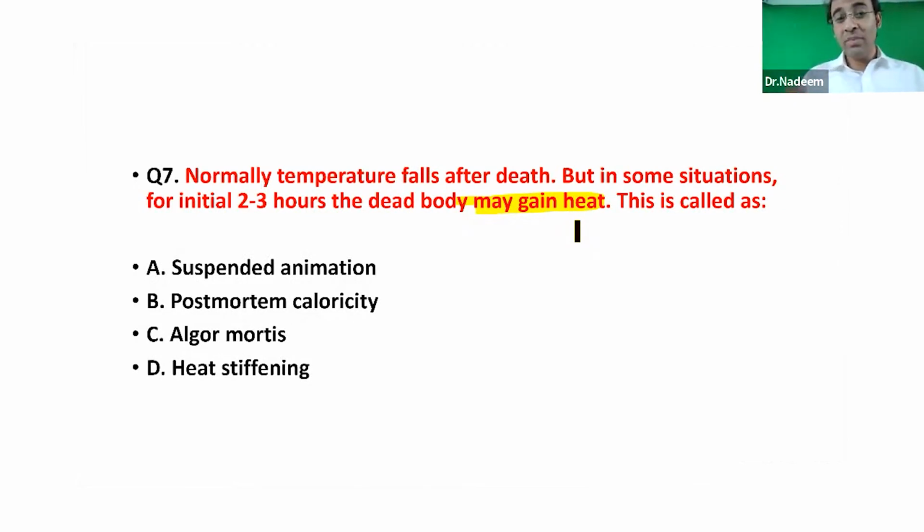This is called as post-mortem caloricity. So if I ask you one question, after the death, you want to check body core temperature. You have one instrument that is 25 centimeter long. That is called what?